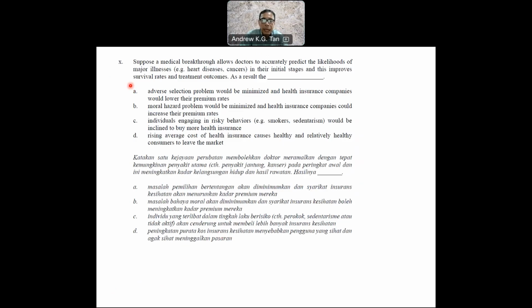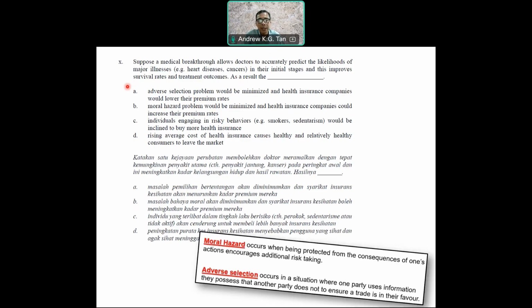The medical breakthrough allows doctors to accurately predict the likelihoods of major illnesses, such as heart disease and cancer, in the initial stages already. Therefore, there is more information available to health insurance already, right or not? Because this medical breakthrough allows for prediction of likelihood of major illnesses. Therefore, we have a problem of adverse selection, where one party has more information than the other.